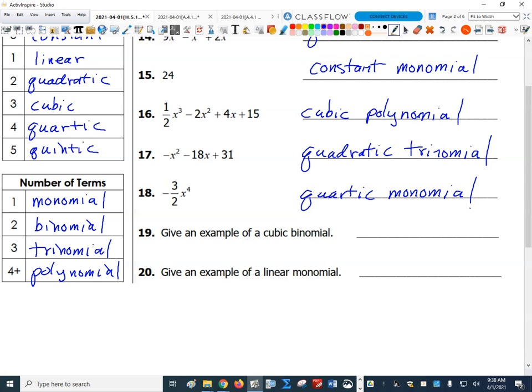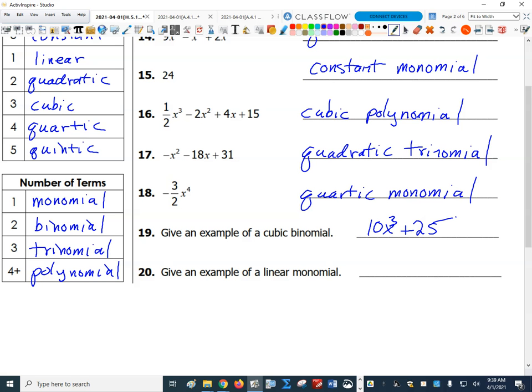Okay, everybody write down an example of a cubic binomial. Jace, what'd you get? 10x cubed plus 25.